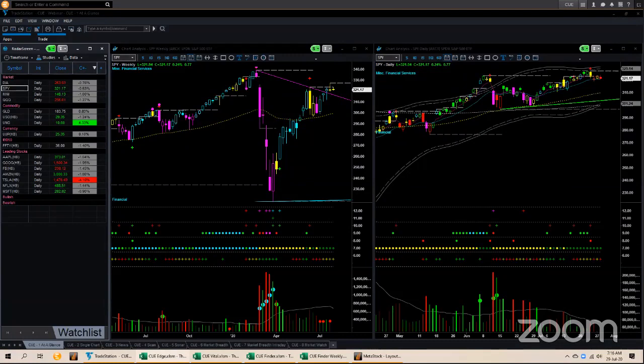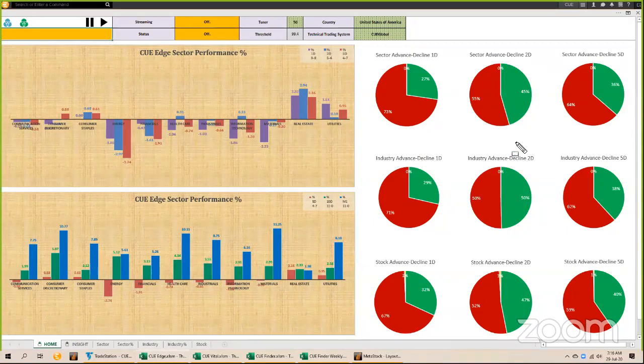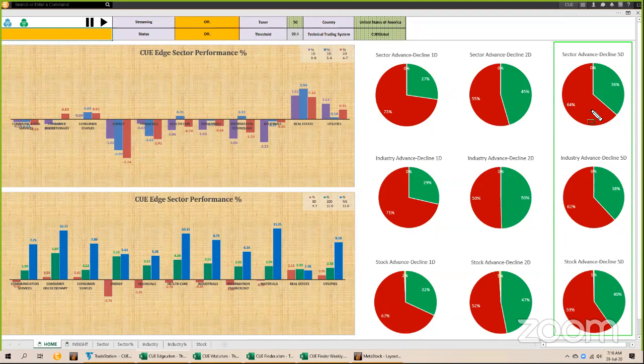What about Q Edge? Q Edge is becoming more bearish than earlier. If you remember my last market roundup, or you could see that from your own Q Edge home statistics, at that time the 5-day statistics was balanced.